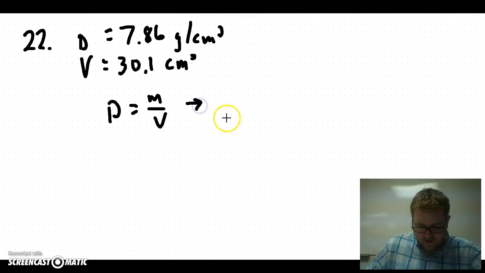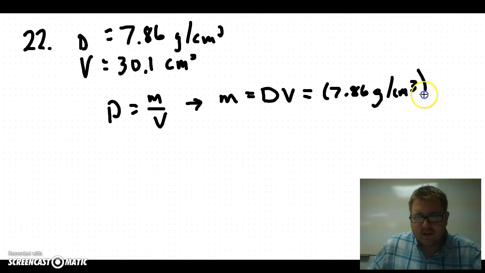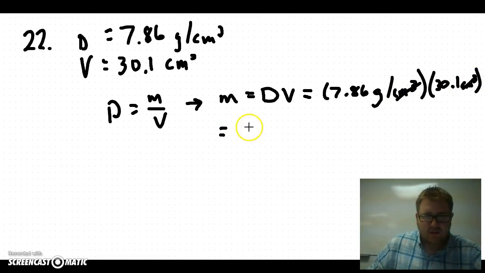So if we solve for mass, we can find that mass is density times volume. So 7.86 grams per cubic centimeter times 30.1 cubic centimeters. Those cancel out. We end up with a mass of 237 grams.